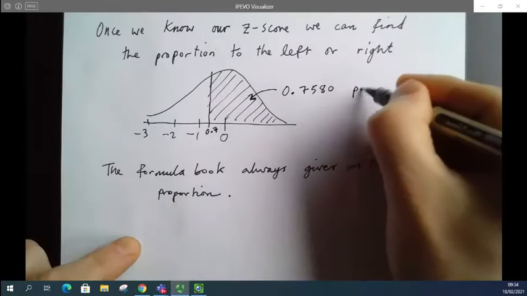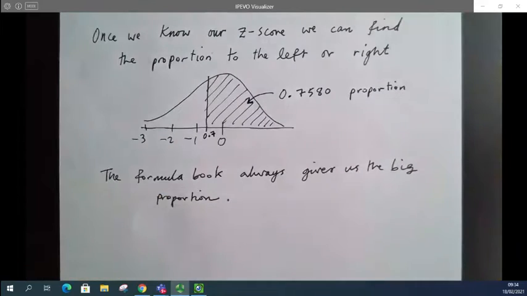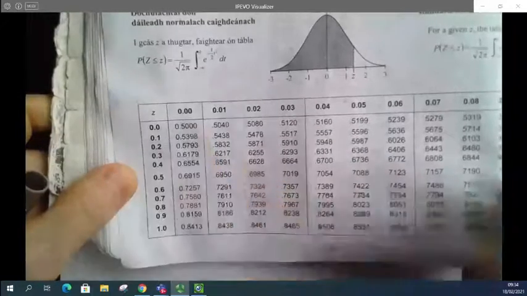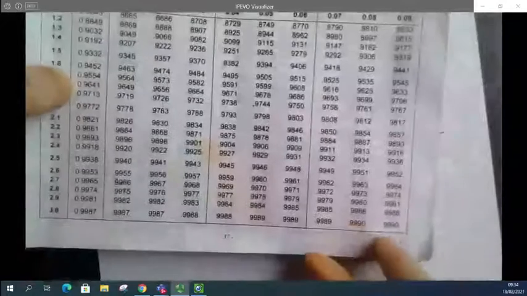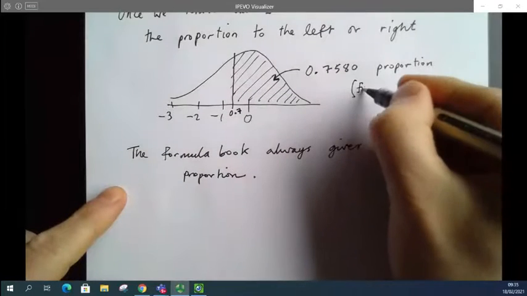These four digit numbers that you see in the table are always the proportion in the big part. That's why they go from 0.5 up to 0.999, because those are the big proportions. So I'll just mention that this is from the table.